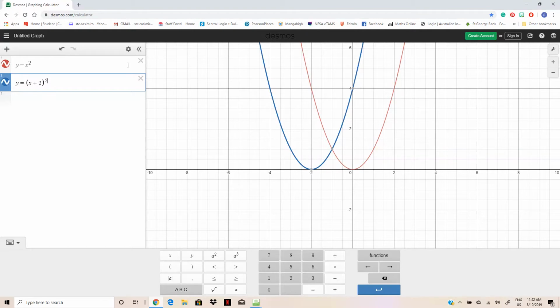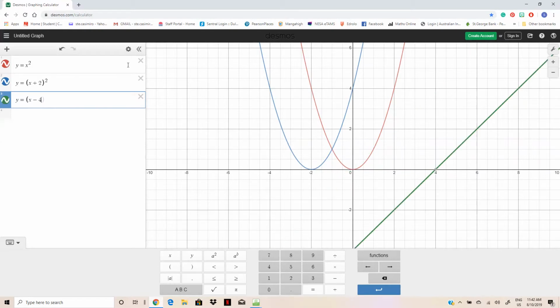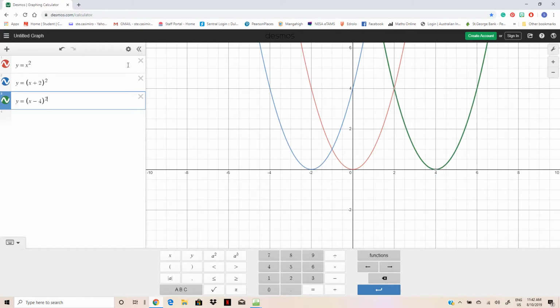If we have our b being negative, we're translating it to the right.